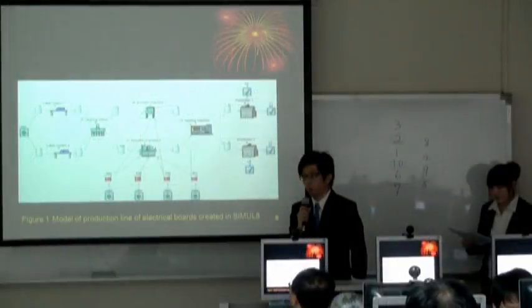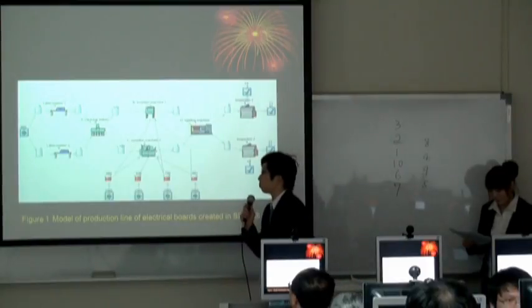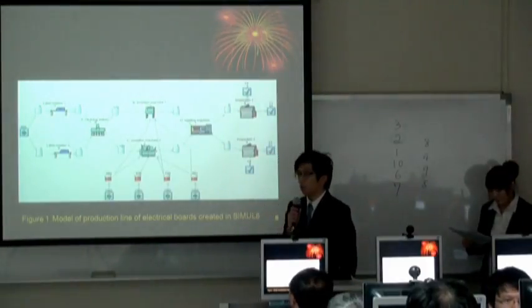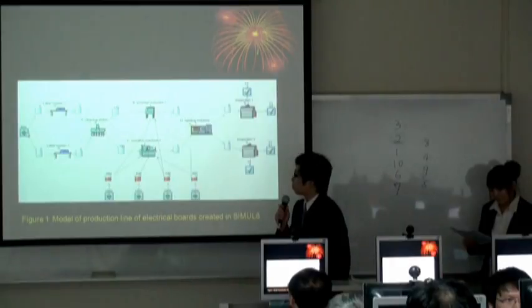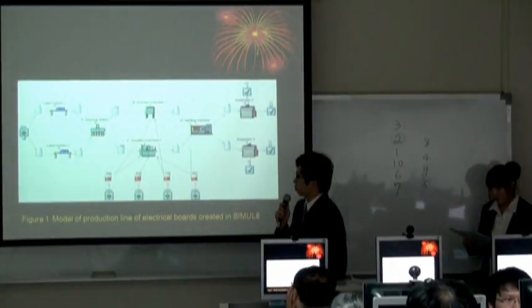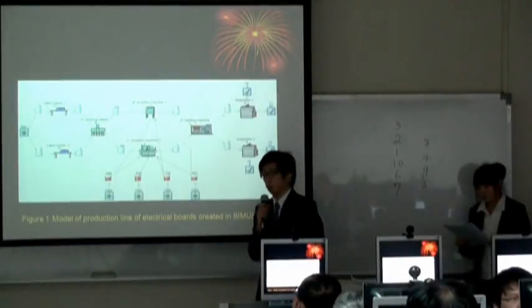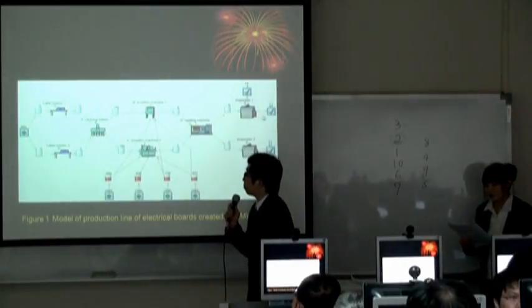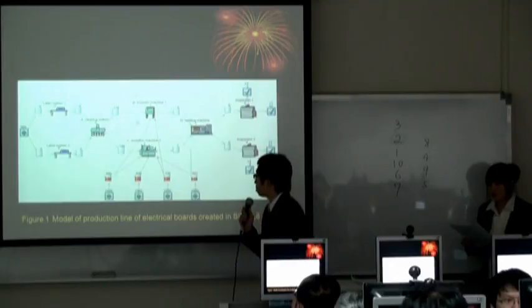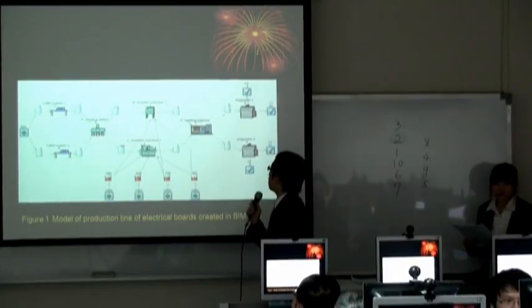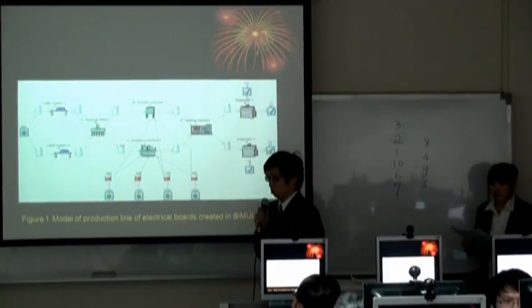Of electrical boards, type 1 and type 2. Any electrical board arriving at the production line needs to pass through 4 machines: cleaning machine, insertion machine, welding machine, and inspection machine.